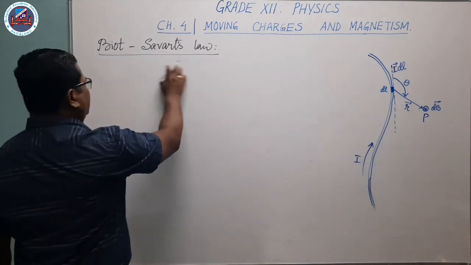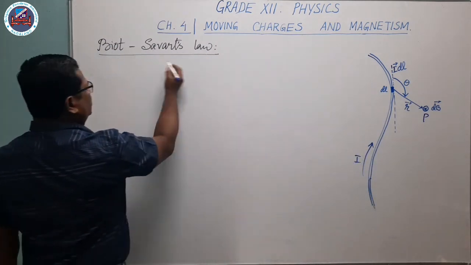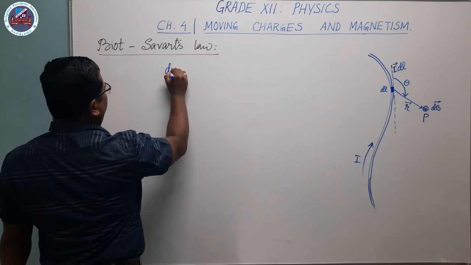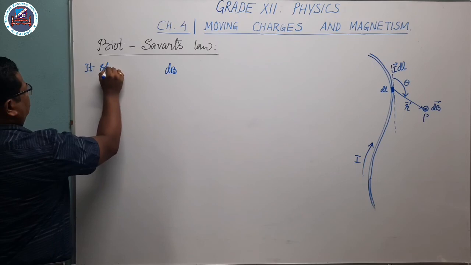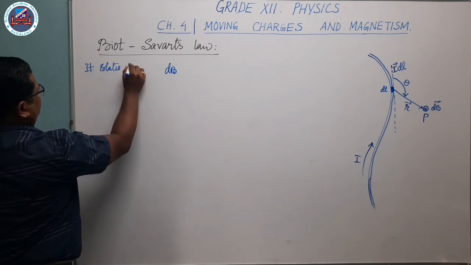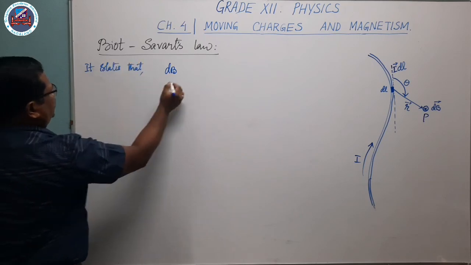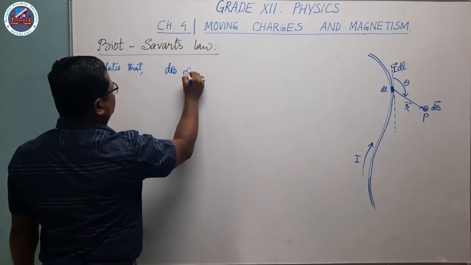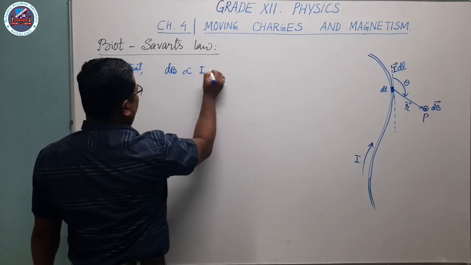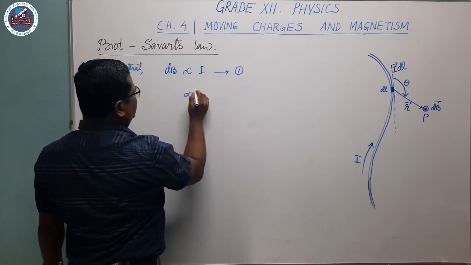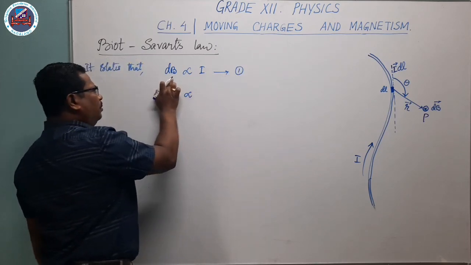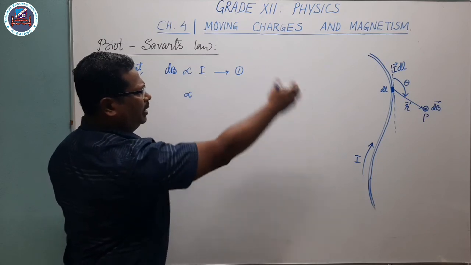according to Biot and Savart, we can write like this. Magnetic field induction, it states that dB is directly proportional to the amount of current it flows. It is directly proportional, that means the strength of the magnetic field will be more if the amount of current flowing through the wire is more.